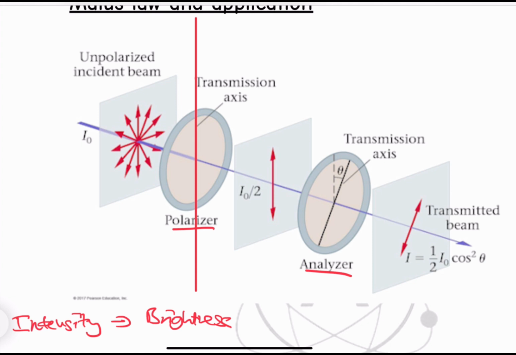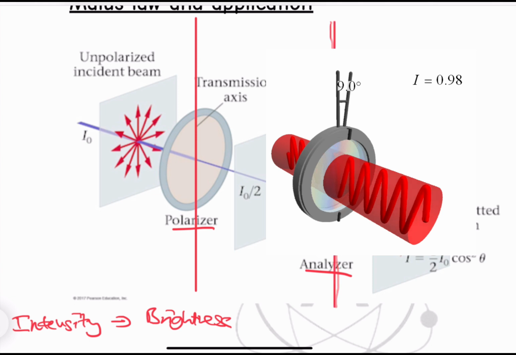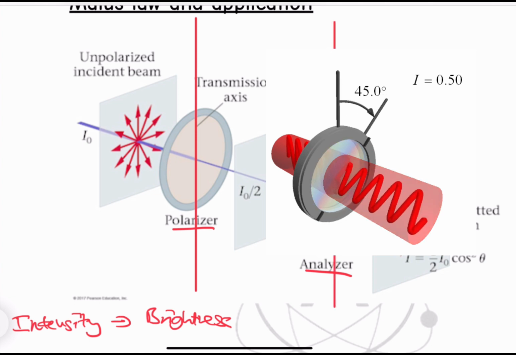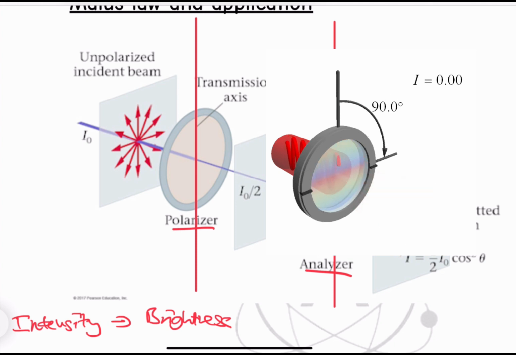To make this easier, I take this axis and place it on the analyzer itself. This will be the axis that I'm looking for on my analyzer, and this is my reference point for me to start measuring an angle. You know that when you're measuring degrees, you need a reference point.